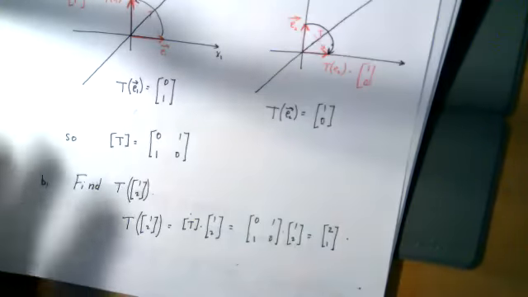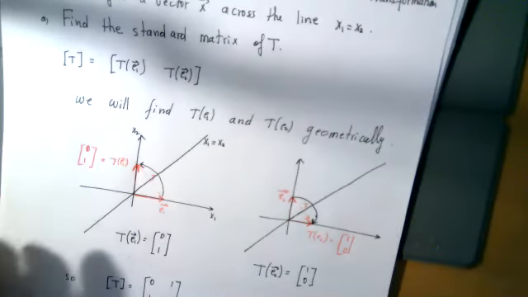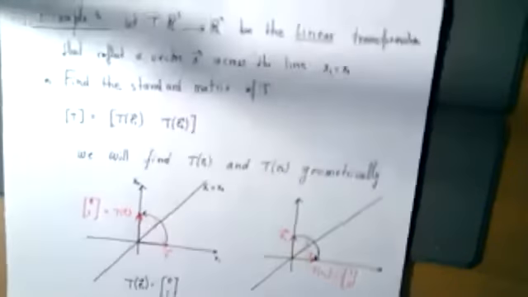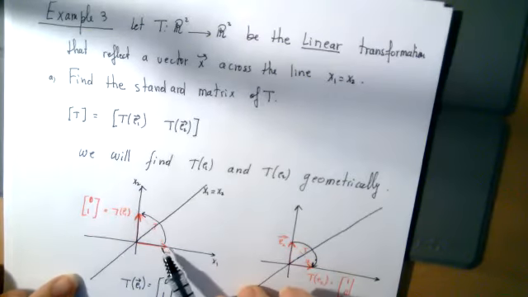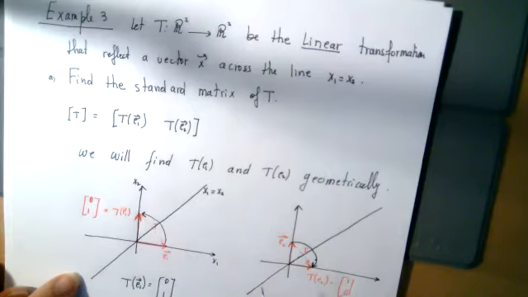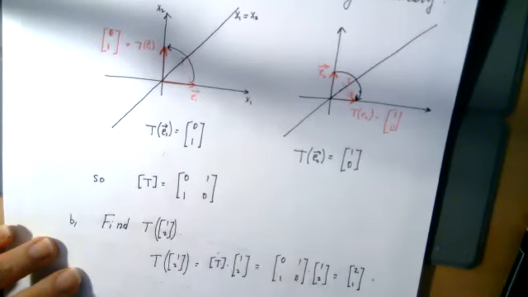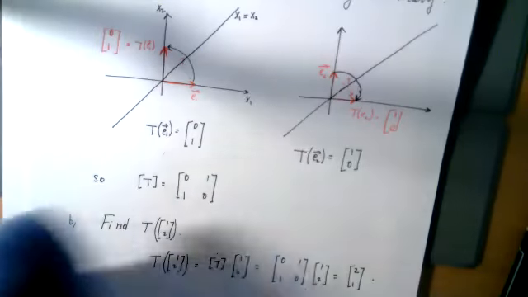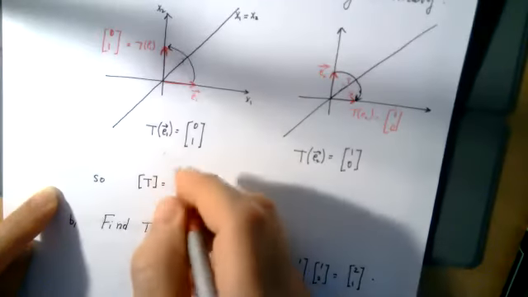So that's a purely geometrical example. If I need the matrix for the reflection, it's linear because geometrically it's linear. We take E1 and ask what happened to E1, and what happened to E2. Once we find that, the standard matrix has as its first column, be careful, that's important, T of E1.